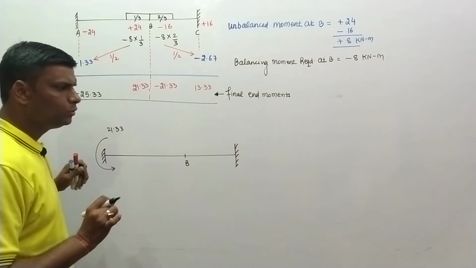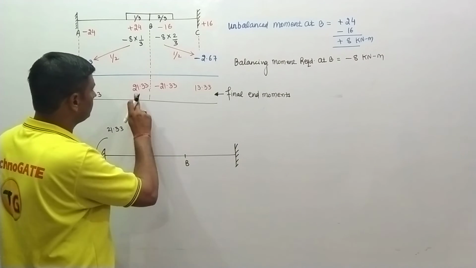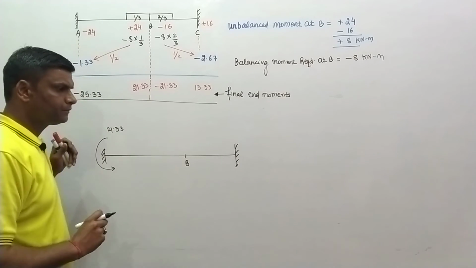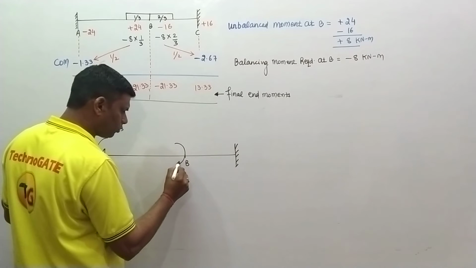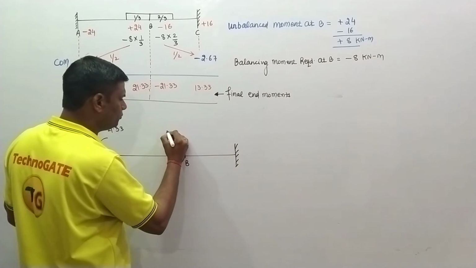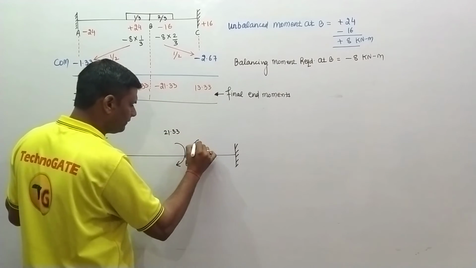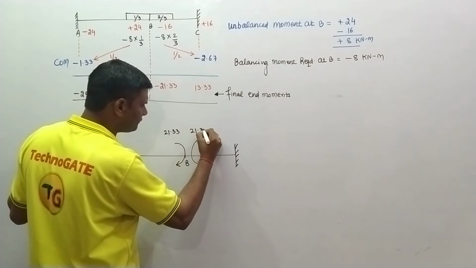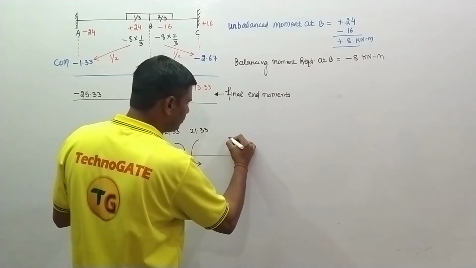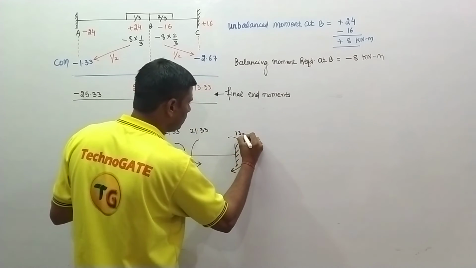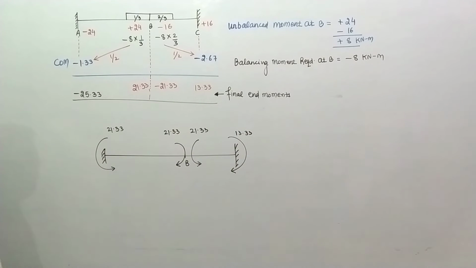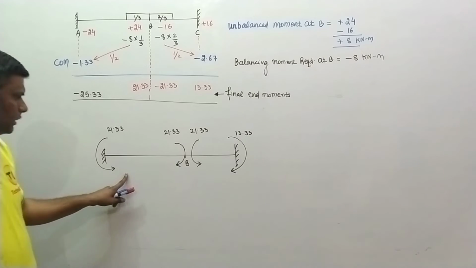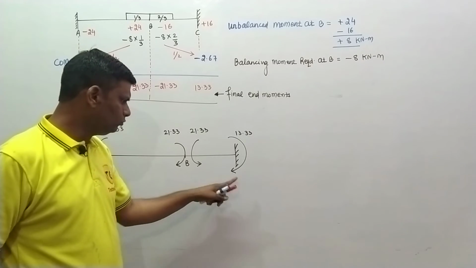Positive value, it means 21.33. Positive value means clockwise value, negative value means anti-clockwise value. Now you can plot the end moment diagram, striking down.